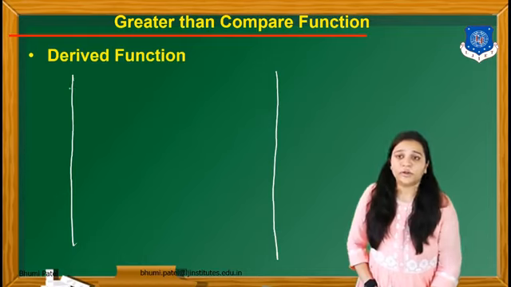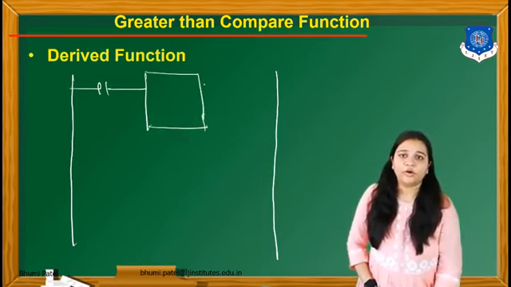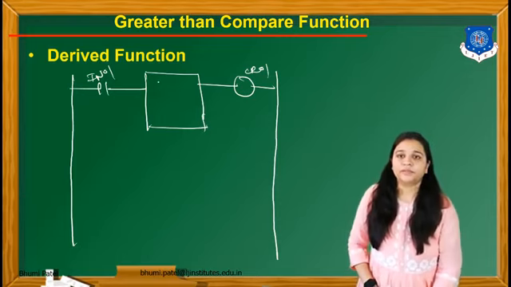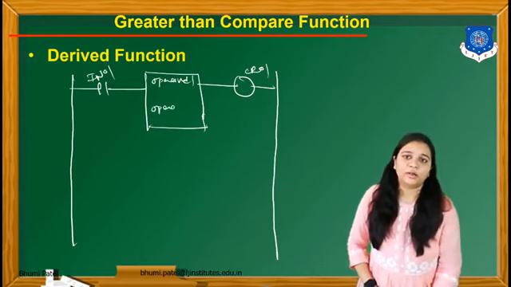First of all, we have to take one input, one block format and one output. Suppose this is IN01, this is my CR01, and this is my operand 1 and operand 2. And here we have to use the greater than or equal to function.